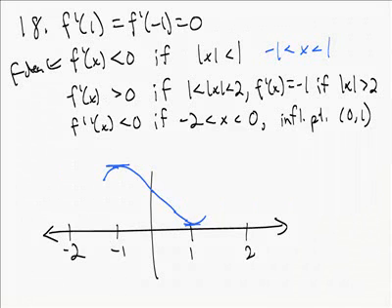Let's see, we want the derivative to be positive if the absolute value of x is between 1 and 2. So that means the function's increasing when x is between 1 and 2. Also, we actually want the function to be increasing between negative 1 and negative 2, because here the absolute value of x is between 1 and 2. So I spoke a little too soon there. We're actually going to want to flatten out, so the derivative is 0, but I want the derivative to be positive.